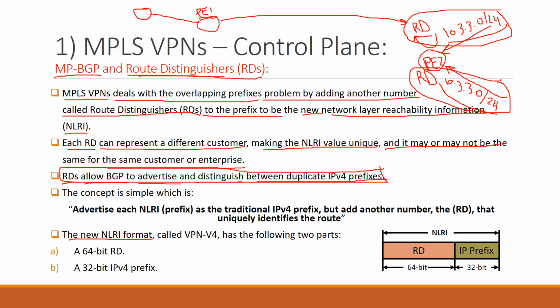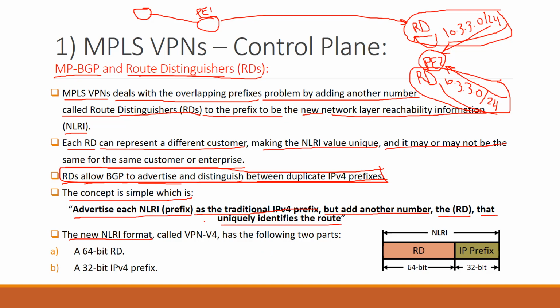So the concept is simple, which is to advertise each network layer reachability information or prefix as the traditional IPv4 prefix, but add another number, which is the route distinguisher, that uniquely identifies the route.